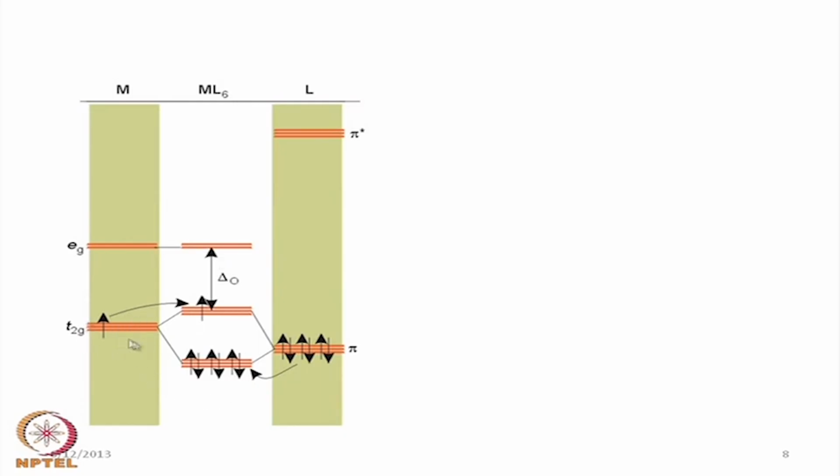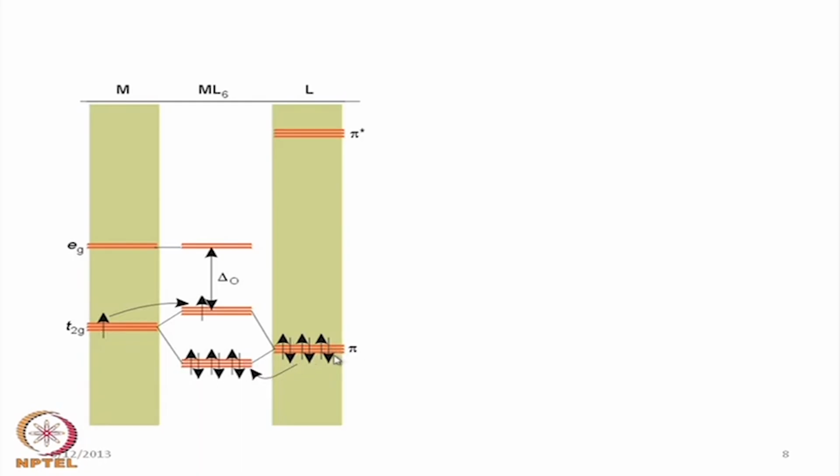Now, the same T2g can show some pi interaction apart from the sigma interactions. So, in this molecular orbital diagram in octahedral geometry for an ML6 complex, apart from sigma bonding interactions, we are allowing the pi type interaction between the T2g set of orbitals and the metal pi orbitals.